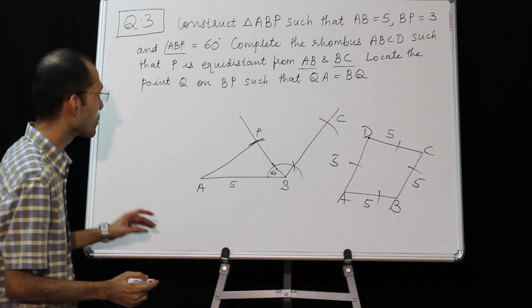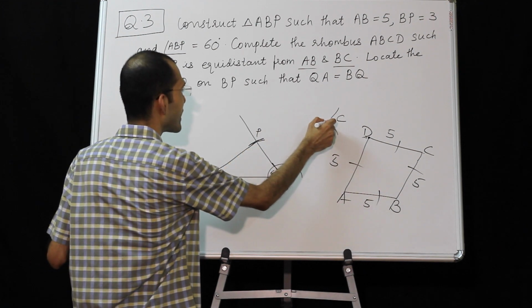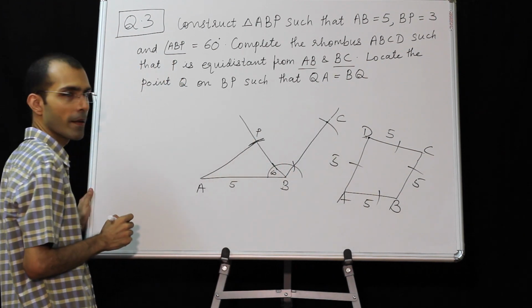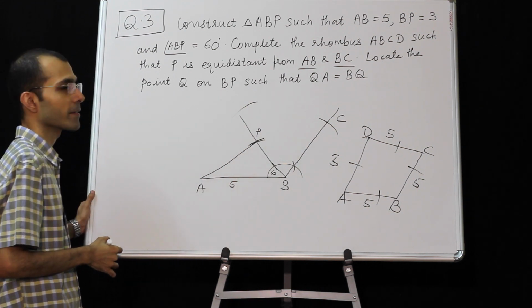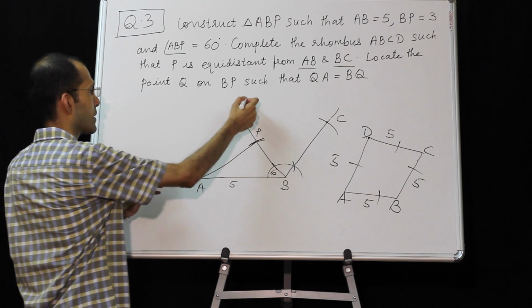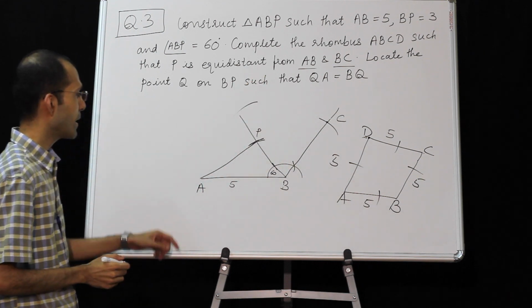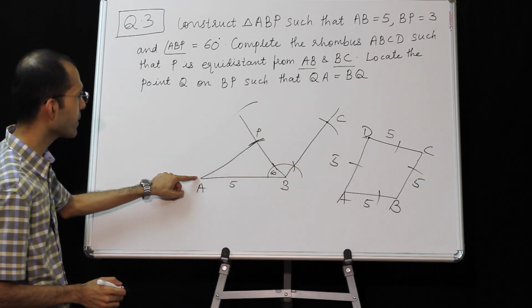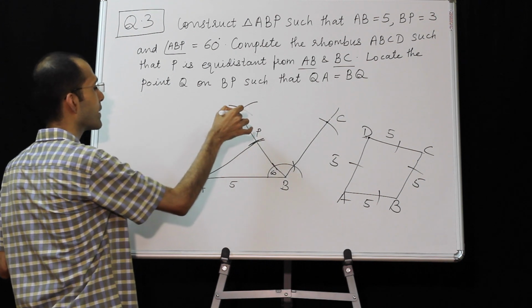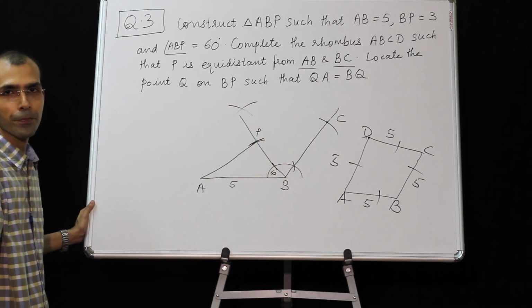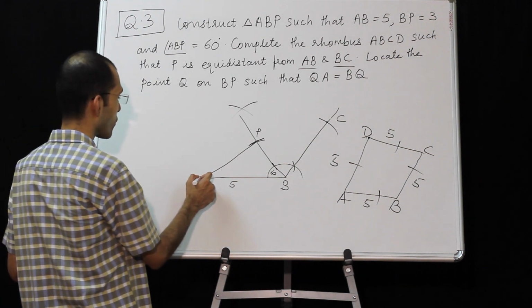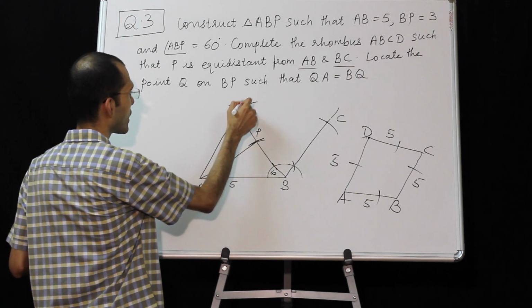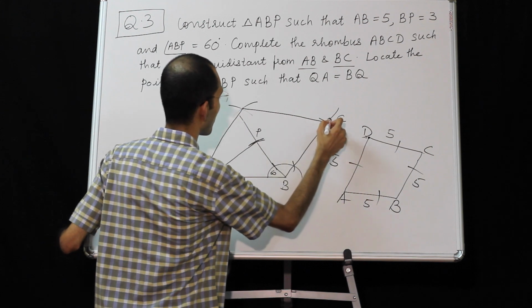So now what we do, with C as the center, we draw an arc of 5 centimeter anywhere, a sufficiently long arc, and with A as our center, we cut the arc. Then we join, and that will become our rhombus.